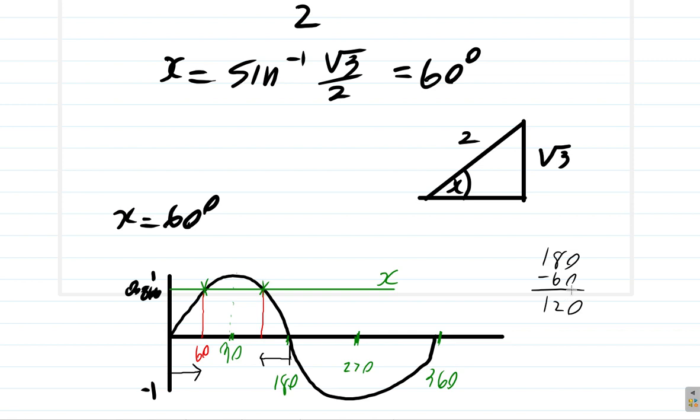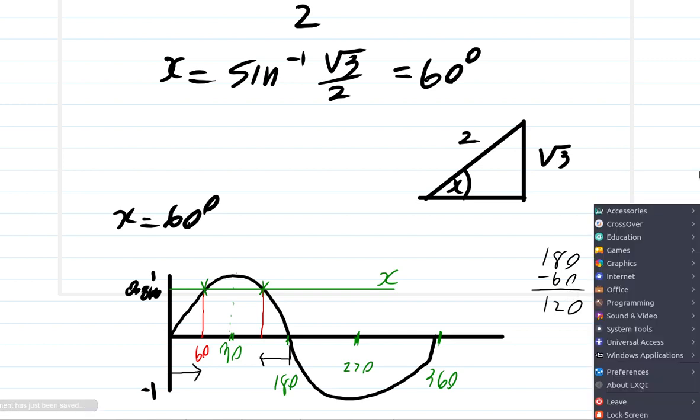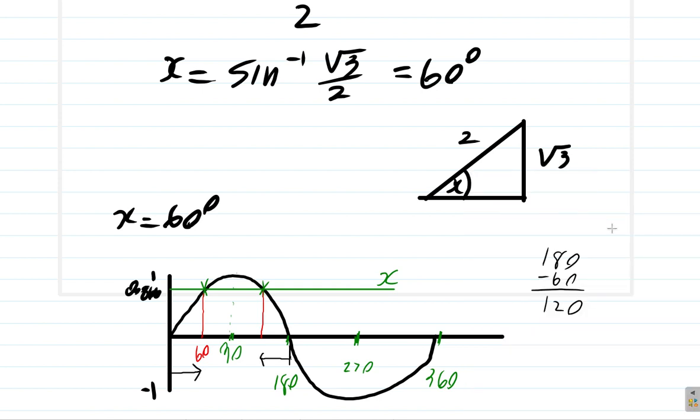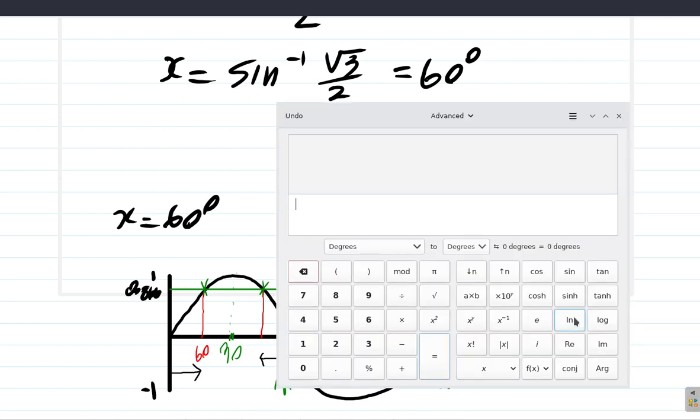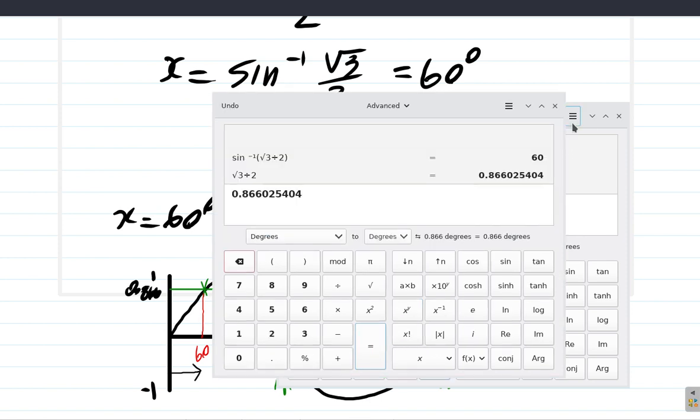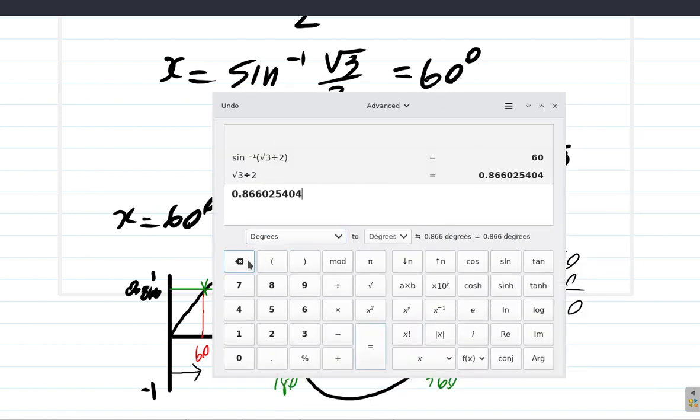Now, let's do somewhat of a verification. Let's find the sine of 120 and see if it is the same 0.866. Sine 120 equals 0.866.